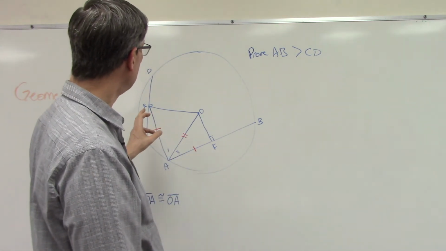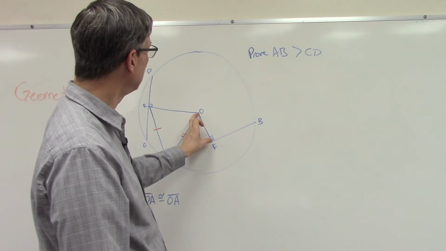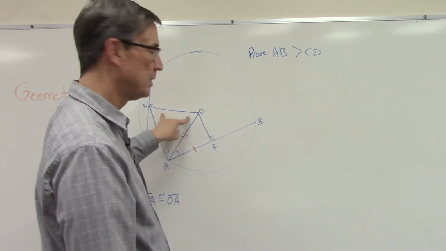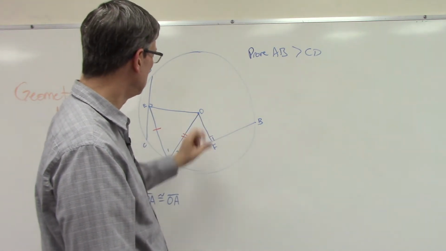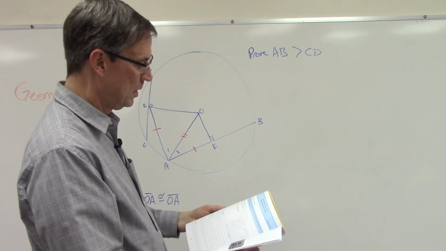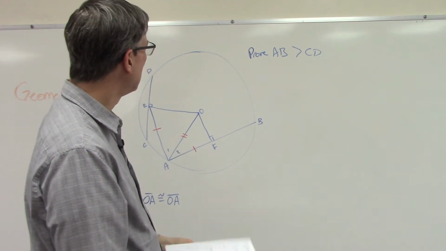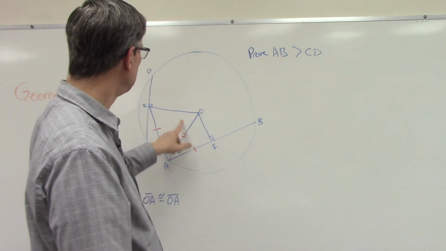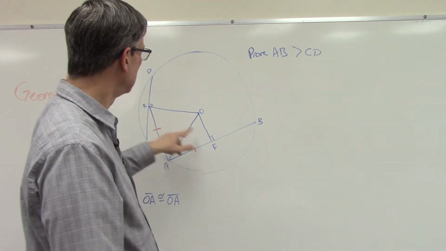Well, I could say that they're greater if I know for sure that this length is less than this length. That would mean that it's closer, and we actually have a theorem that tells us that. But how can I say that this is shorter than this?